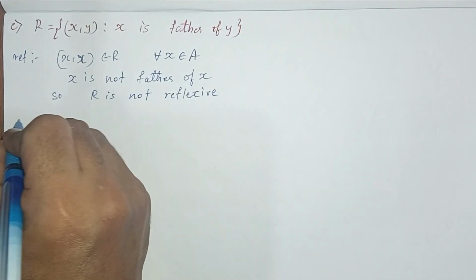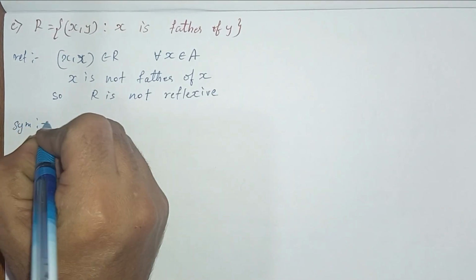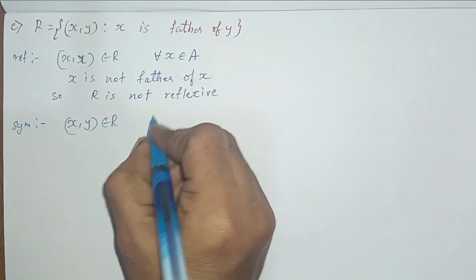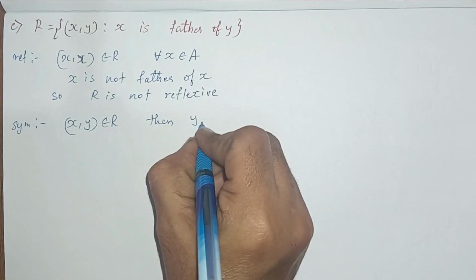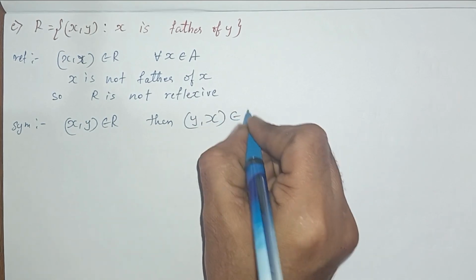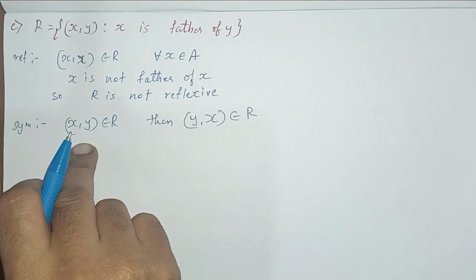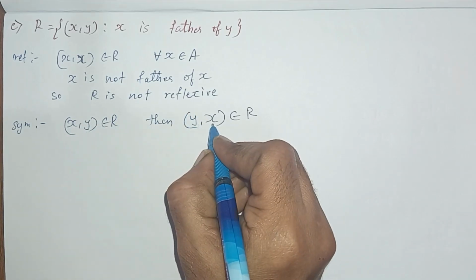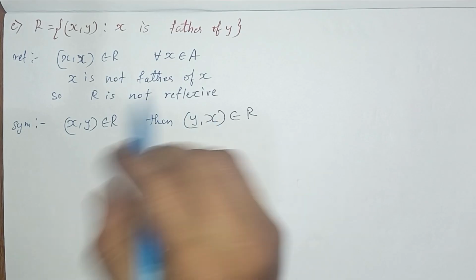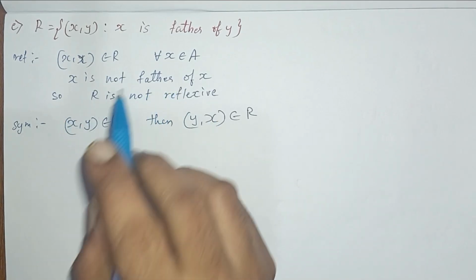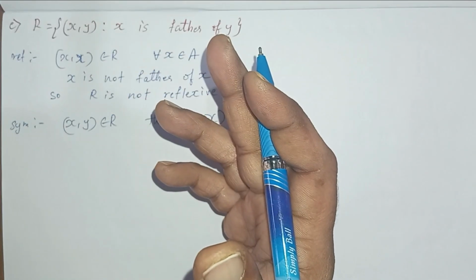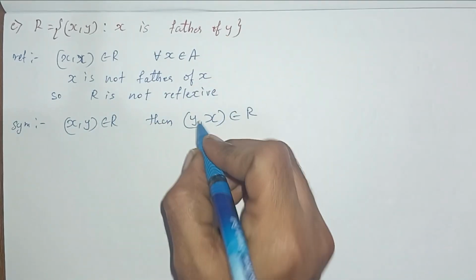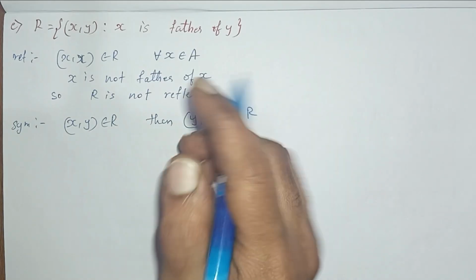Now we have to check for the symmetric. Symmetric is what? If x comma y belongs to R, then y comma x should also belong to R, right? So if x is a father of y, then y should be a father of x, but it is not possible because your father is the father of you, but you will become a son or a daughter of your father. So vice versa is not possible.